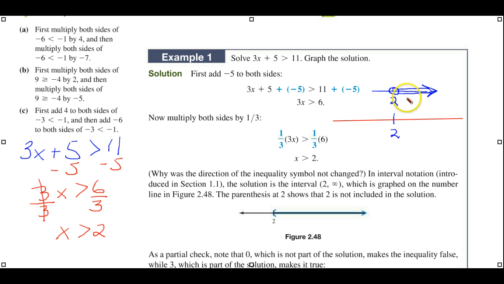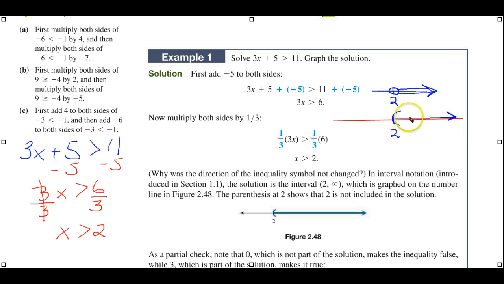Well, in our math book, instead of using a hollow circle to indicate the 2 is not included in the set, we use a parenthesis, and then that goes to the right like so. Now we're also going to use what is called interval notation.